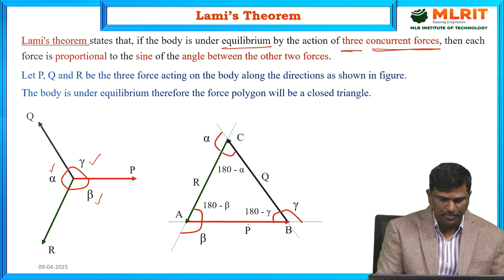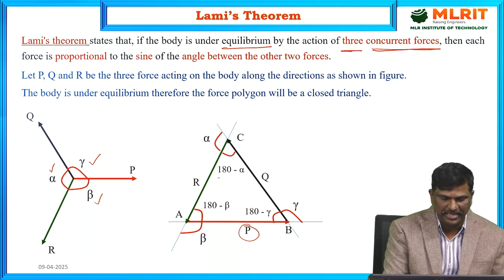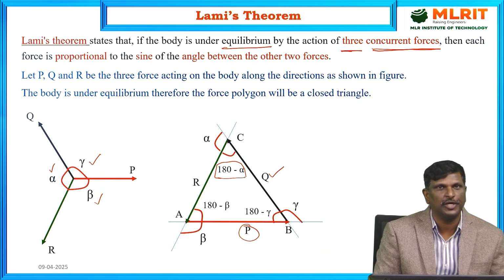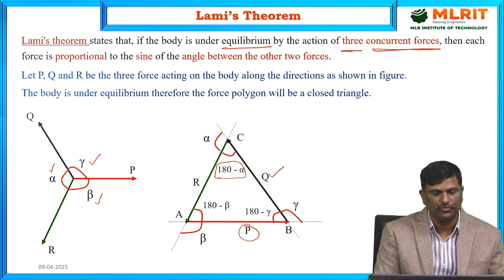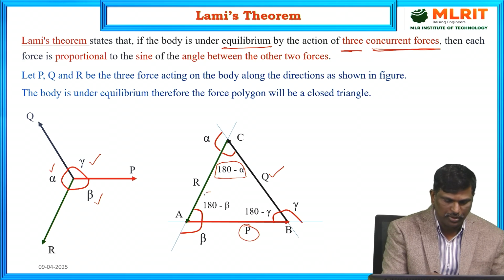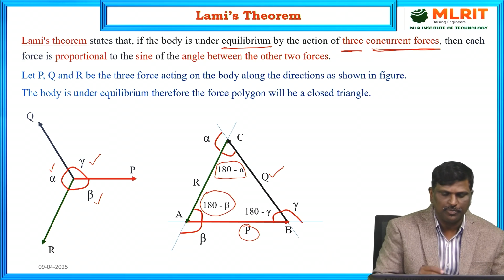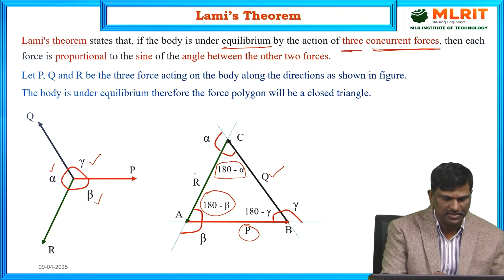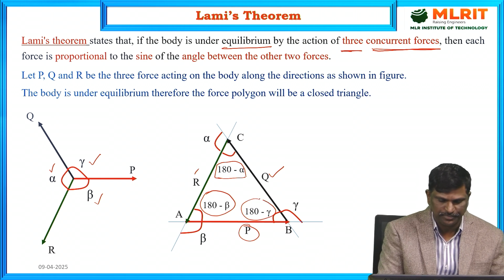See here, P is proportional to the sine of the angle between Q and R, that is sine of 180 minus alpha, and Q is proportional to the angle between the other two forces. Q is proportional to the opposite angle. This is proportional to 180 minus beta, and R is proportional to 180 minus gamma.